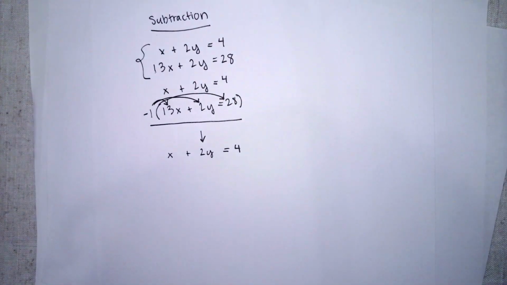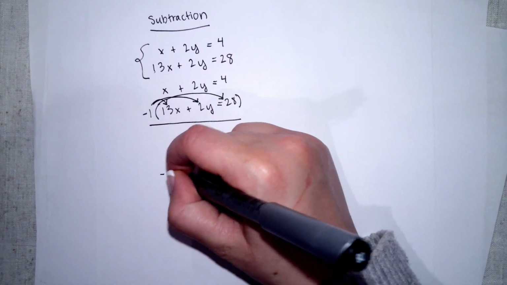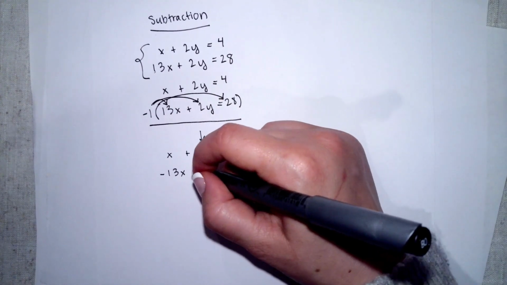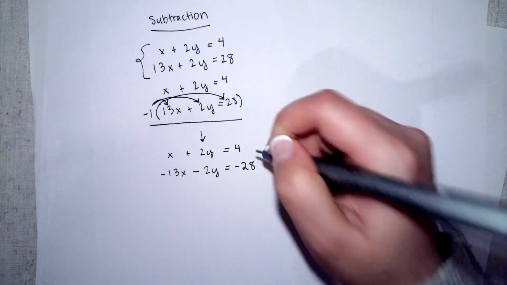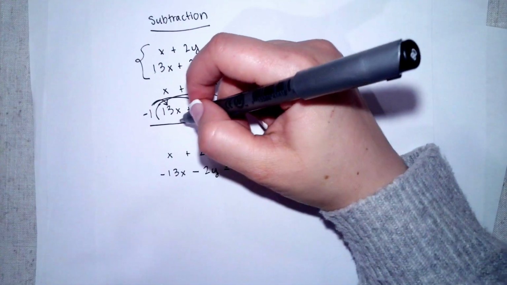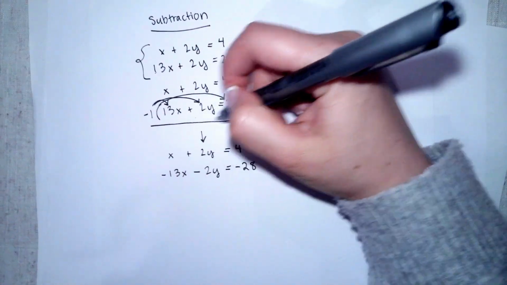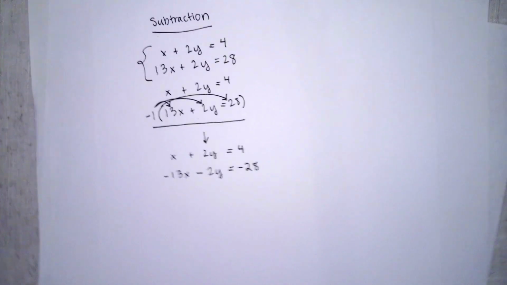And now we have -13x minus 2y equals -28. Technically, instead of doing this -1, you can just do minus, minus, minus. That also works. For me, it's just easier to do it this way.